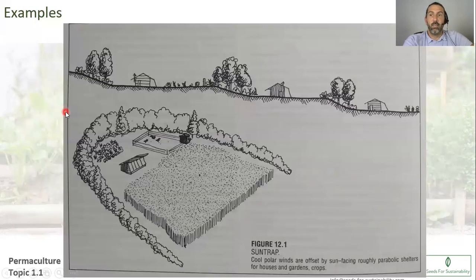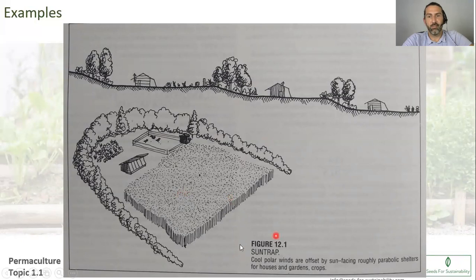Okay. Here we have an example of a so-called Suntrap, more common obviously in cold areas. We see that there's a kind of a windbreak built around or planted around the house. This would be the north side where the cool winds are coming from. So the cool winds are blocked off from the trees.